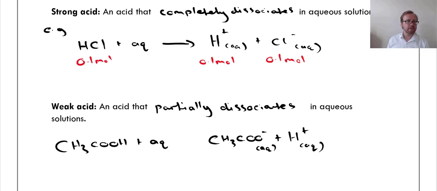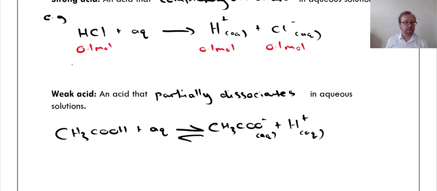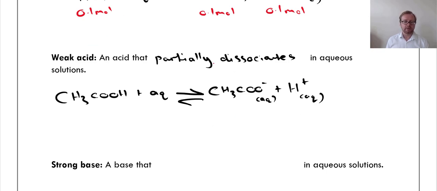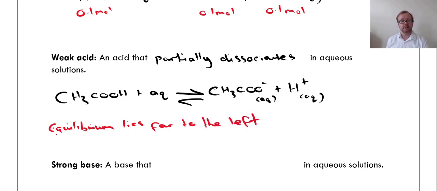This obviously should be a reversible reaction. And we also need to say that not many of the ethanoic acid molecules will actually dissociate to produce the ethanoate ion and the H+. So we can say that the equilibrium lies far to the left. And this will be important later on.